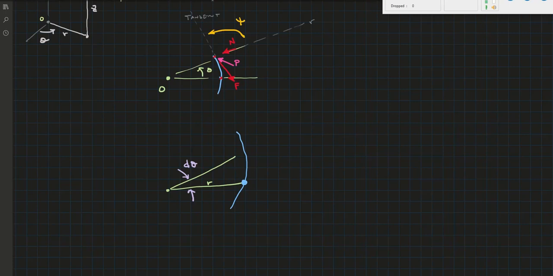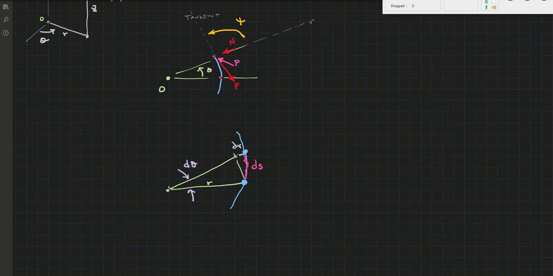Then our particle in its new position will have moved some ds. We know we can represent this ds by two components here, this and this component. So this, of course, is a dr, a small incremental shift in r.